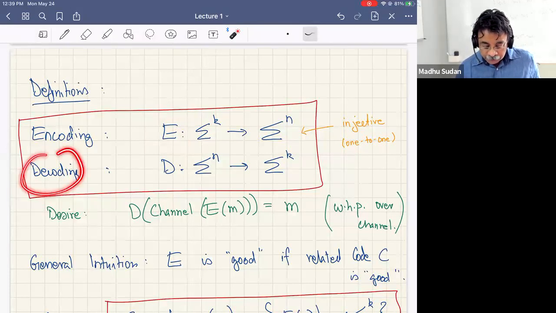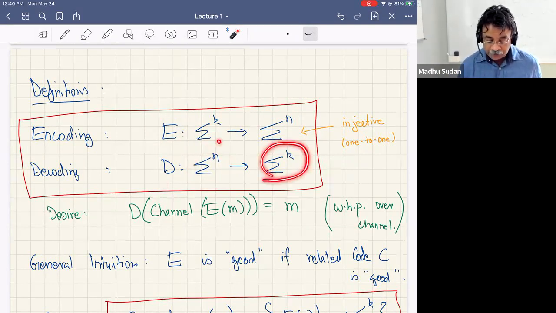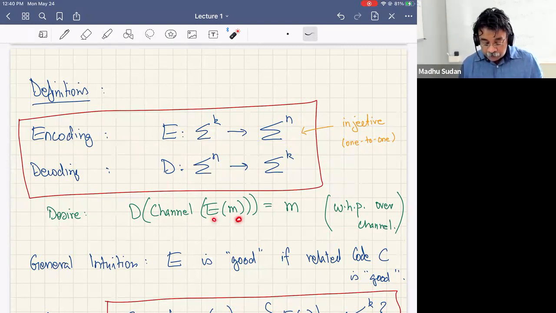The decoding is determined by an inverse map, which takes long sequences and is tolerant of the errors that the channel might have introduced. It is going to try to recover from them, and it will try to produce back a message, which was what was sent.